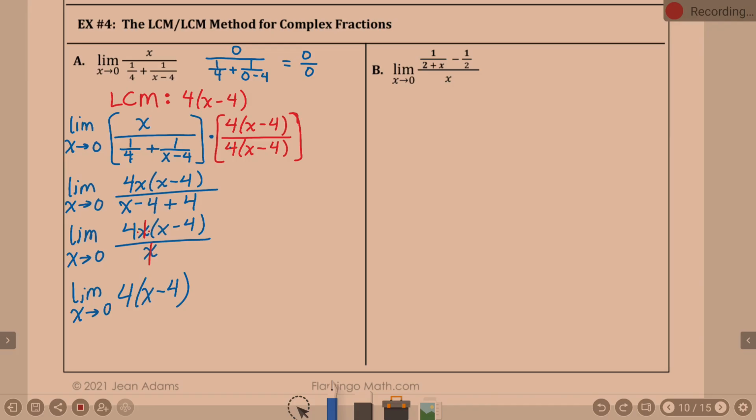I'm ready to take my limit. How did the denominators multiply exactly? Like, how did you get x minus 4 plus 4? So when I multiplied 1 over 4 times x minus 4, in that case, the 4 canceled with 4, and that leaves me with x minus 4.